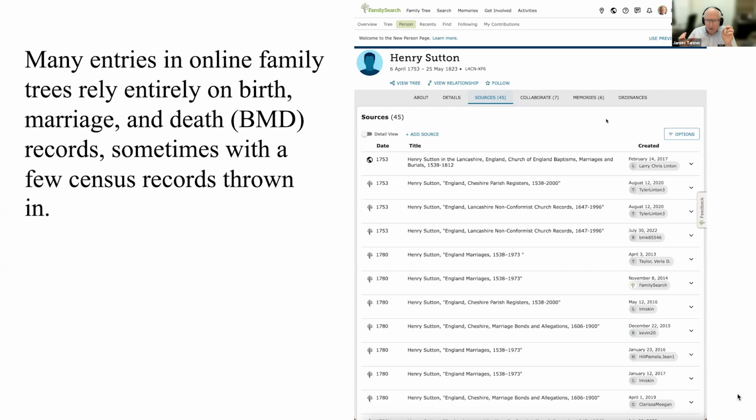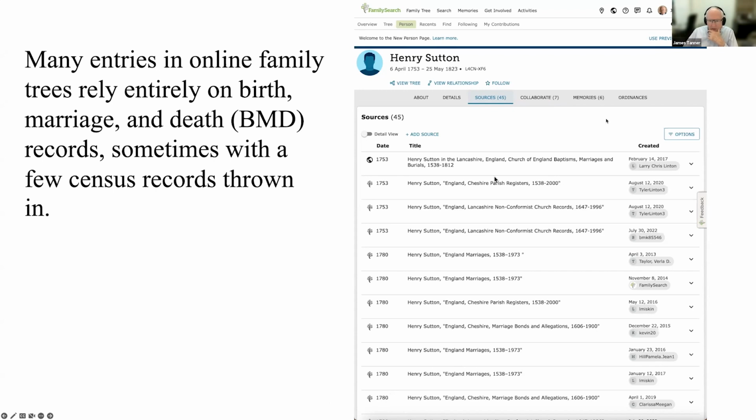they seem like, when you look at the sources that are attached, and we're grateful that people attach sources, and it's very important to attach all of these sources, including all these birth, marriage, and death sources. But it's also interesting to note, like in this example here, that there are now 45 sources attached to this person, and it turns out that every one of them is a birth, marriage, or death record.